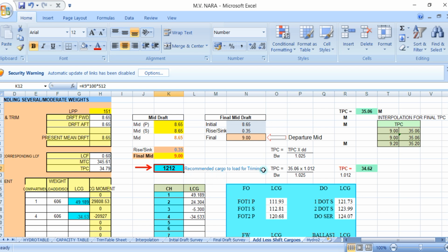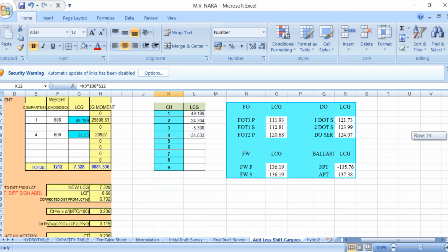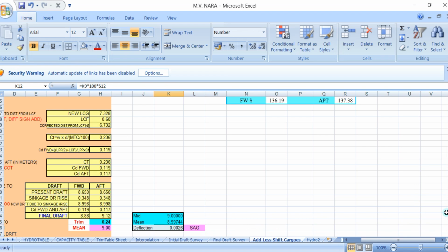By using this density of 1.012, your recommended cargo to load is 1212. So if we load this in hold 1 and 4, hold number 1 will be 606 and 606 in number 4 respectively, and your departure draft will still be the same.